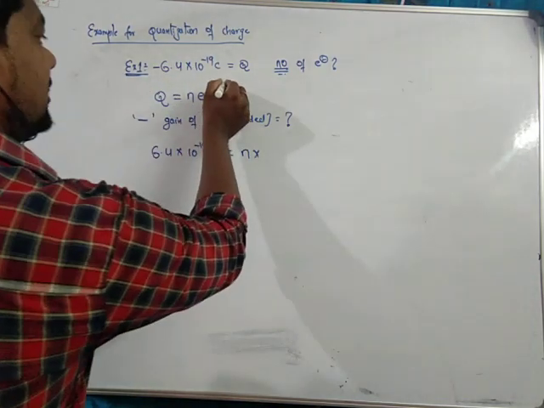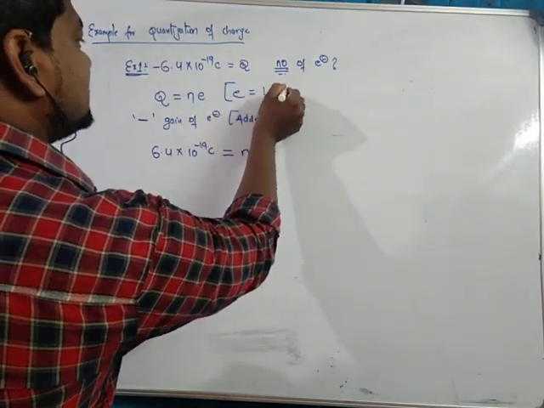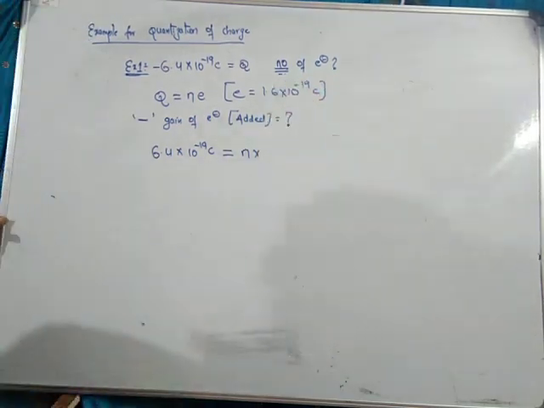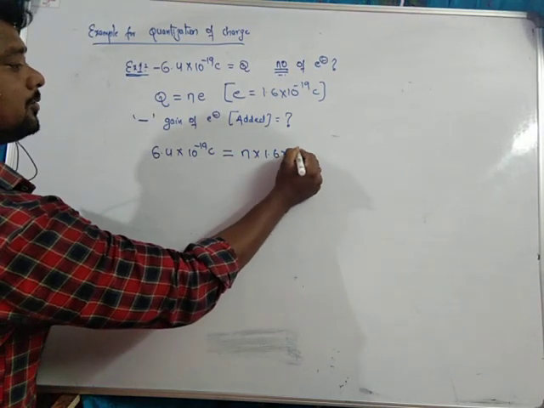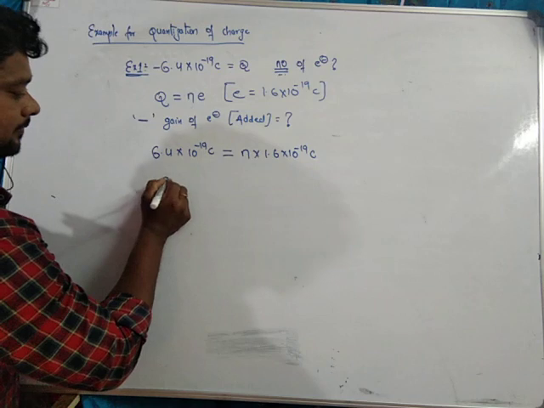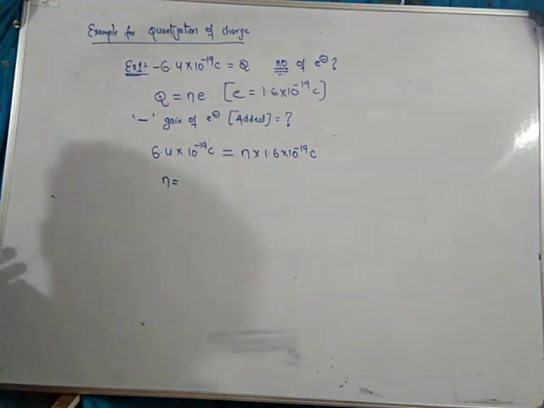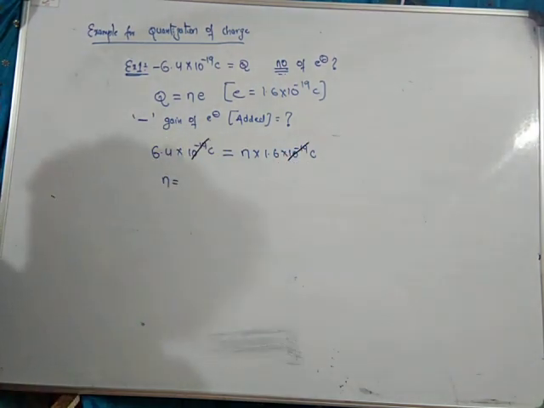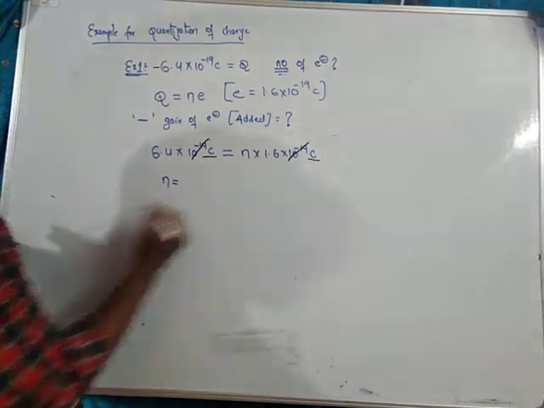Already we know the value of e, which is 1.6 into 10 to the power of minus 19 coulombs. Now what will be the value of N? The 10 to the power of minus 19 will be cancelled, and coulomb will be cancelled.